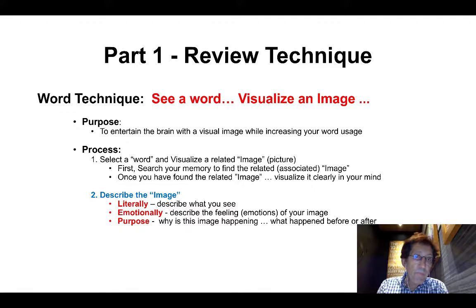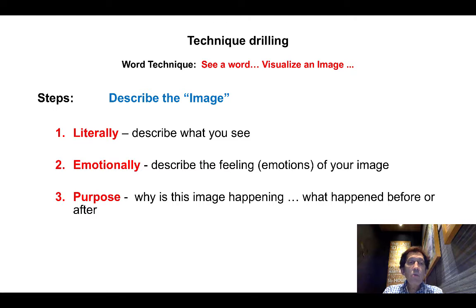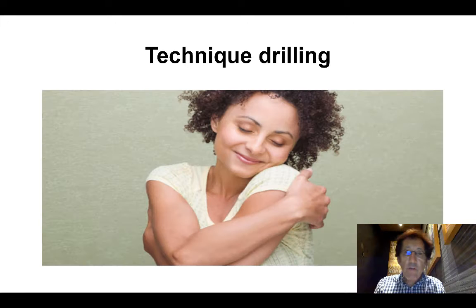Why is this picture happening? Okay? All right. So on page 4, I just made it large. Describe the image, literally describe what you see, emotionally describe the feeling, and then purpose. Why is this happening? All right, so let's go to page 5, and there's a picture there. So instead of giving you a word, we're just going to warm up with a picture.